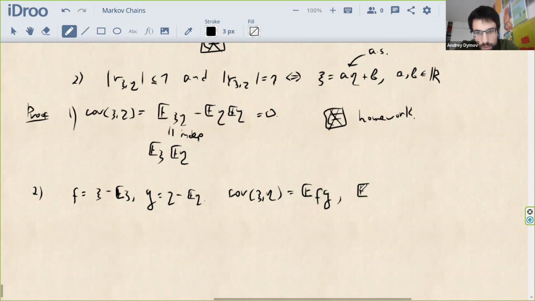Moreover, we know that the expectation of f equals the expectation of j and equals 0, right? So these are centered random variables. One says that a random variable is centered if its expectation is 0.